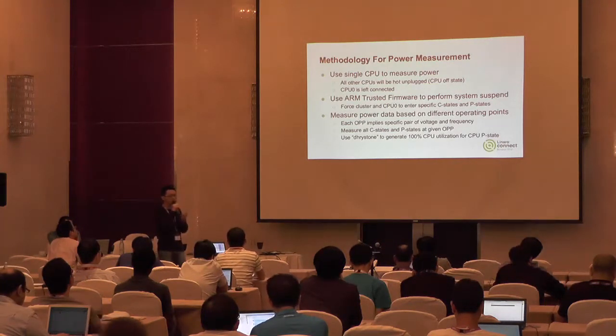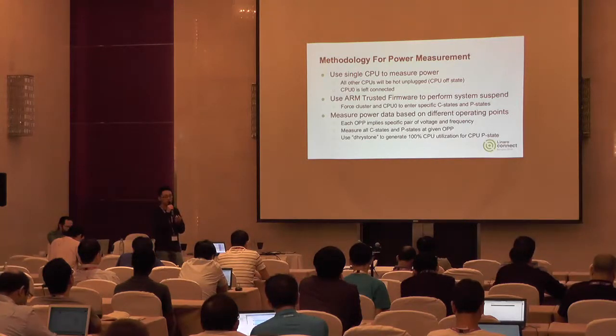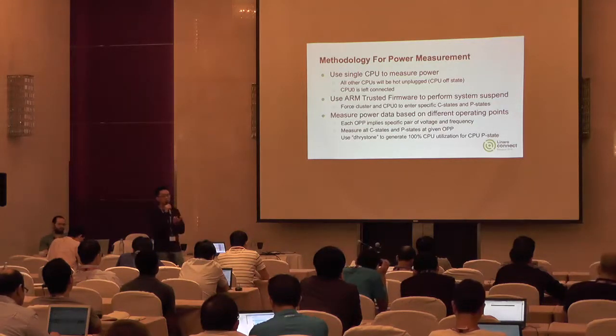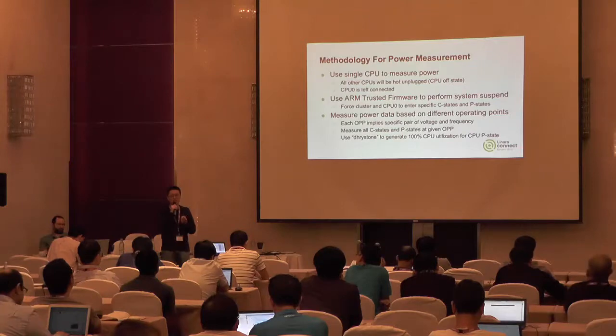Here is another important thing: when we measure the power data, we need to base it on different operating points. The reason is that every operating point has a different voltage level.